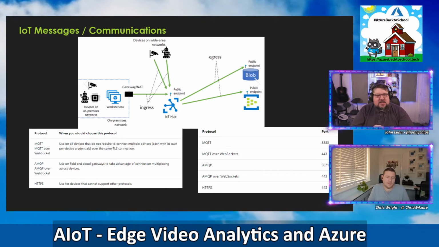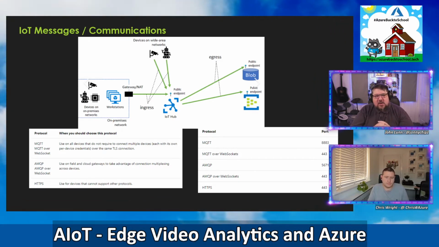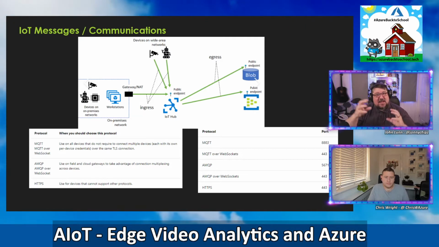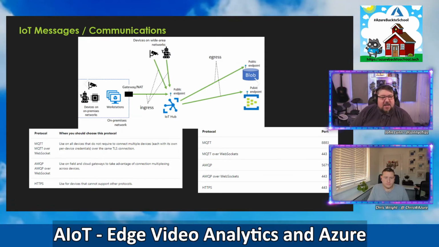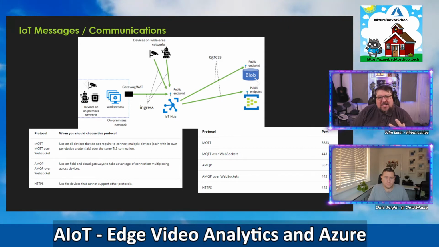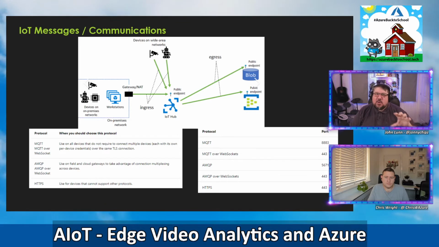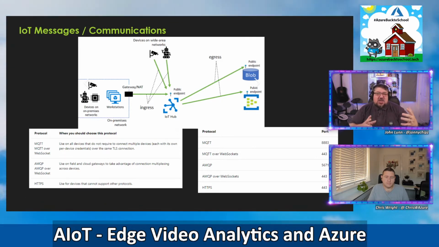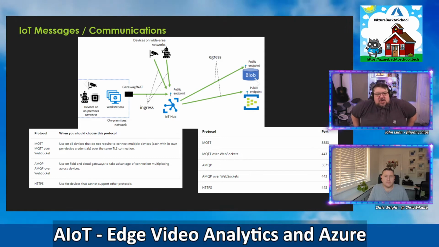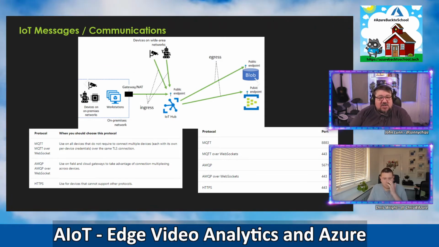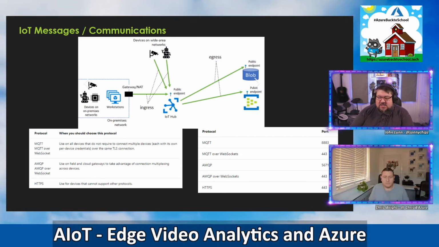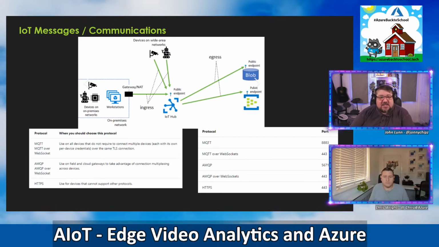So to talk about the protocols we can use to send messages between those modules and the IoT Hub, typically on something like a cloud gateway device: when you've got a scenario with lots of cameras, robots or sensors in a single geographical location, you would probably use AMQP to communicate with an edge, a cloud gateway, something like an edge device like the Jetson Nano.